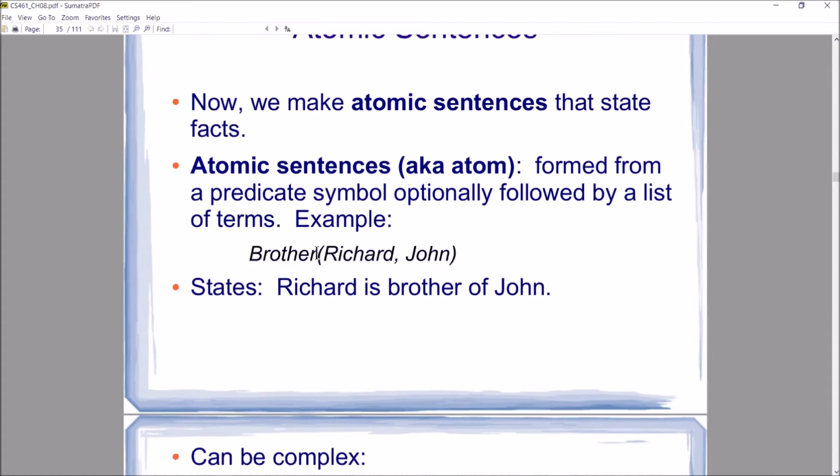What you're saying is that Richard is a brother of John. Richard is the brother of John. You're just looking at the arguments and saying, from left to right, Richard is the brother of John. This is not saying that John is the brother of Richard. It only goes in one direction.